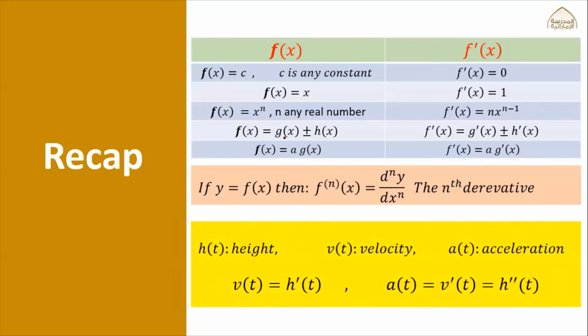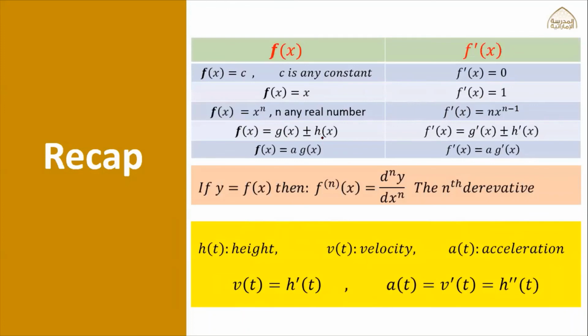Here we have a recap for our lesson today about the derivative rules. If f of x equals c, where c is any constant, then f prime of x equals 0. If f of x equals x, the derivative f prime of x equals 1. If f of x equals x to the power n, for any real number n, f prime of x is n x to the power n minus 1.